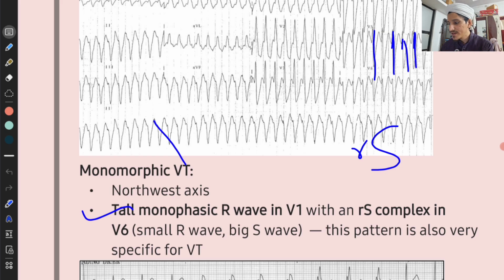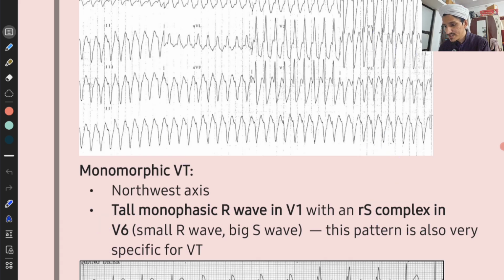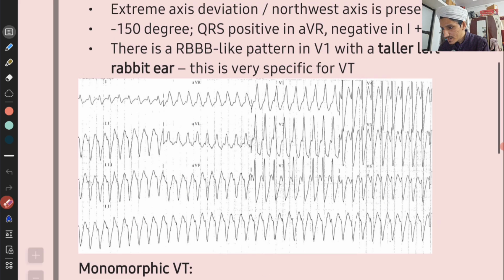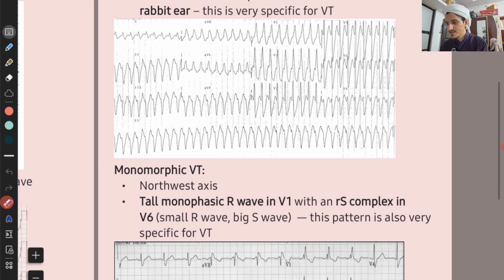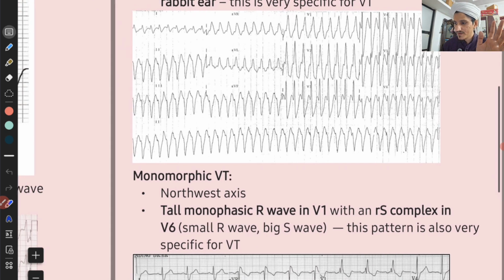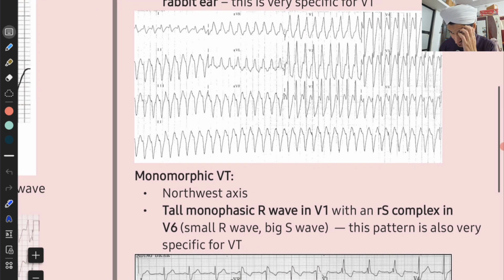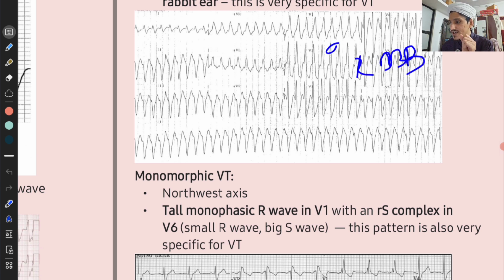Tall monophasic R wave in V1. If we see V1, you can see the tall monophasic R wave. You are not seeing any bifid-like pattern. The right ear is strong, so it looks like right bundle, but it is not SVT with RBBB. This is ventricular tachycardia.